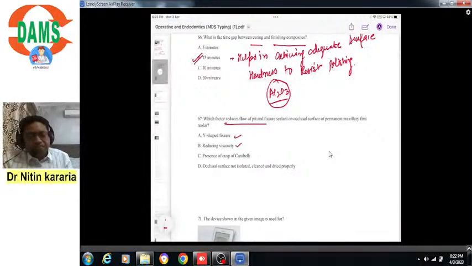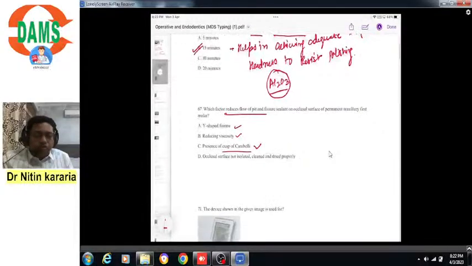The presence of cusp of Carabelli is of no significance, and occlusal surface, if it is not isolated properly, cleaned and dried, it would definitely hamper the penetration of sealant to the base of the pit and fissures. So the answer to this question would be D. This is the factor which influences the penetration of sealant to the base of the pits and fissures. Okay.